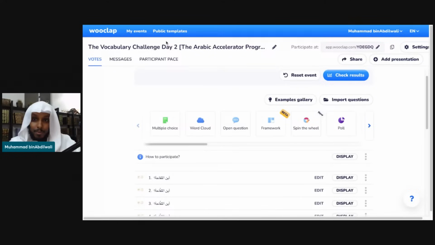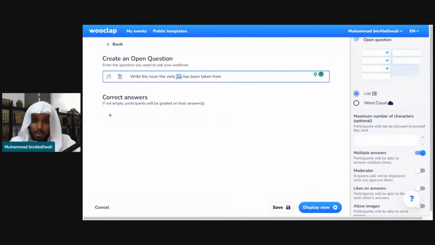Next one. Write the noun the verb حاسب has been taken from in Bani Yadayk.